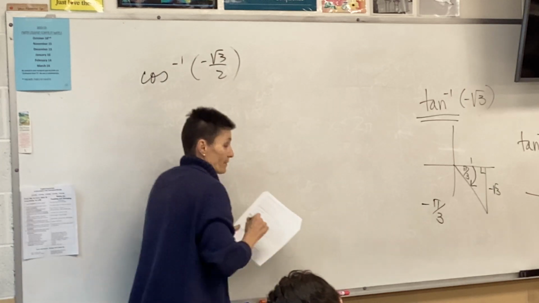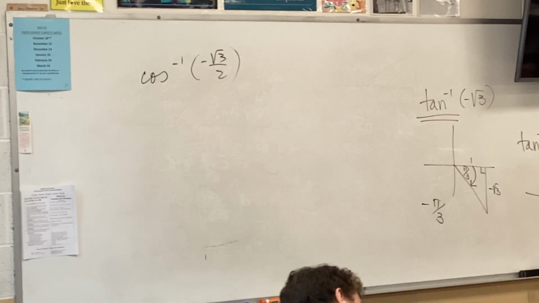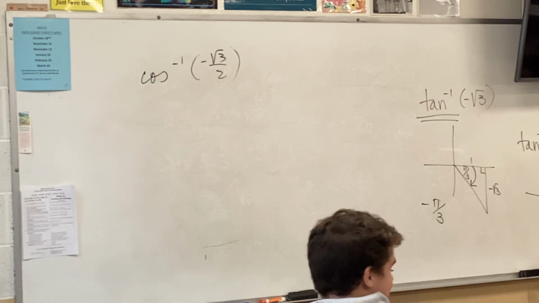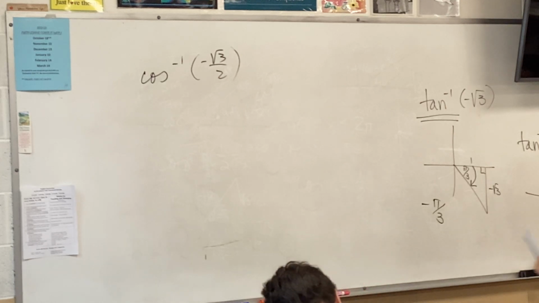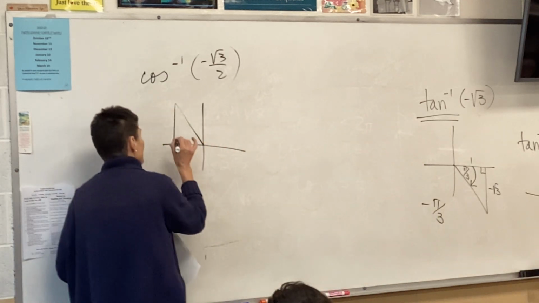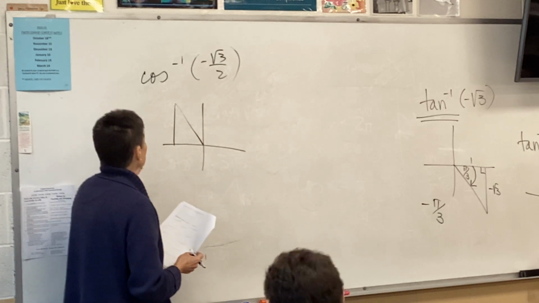Which quadrant are you throwing that one in? 2. Very good. 2 is exactly the right quadrant. Why am I drawing it in quadrant 2? Because it's a negative cosine value, and inverse cosine only exists in quadrants 1 and 2.